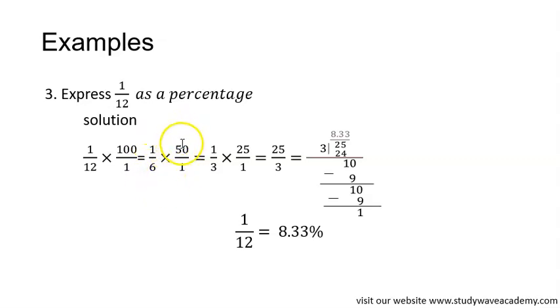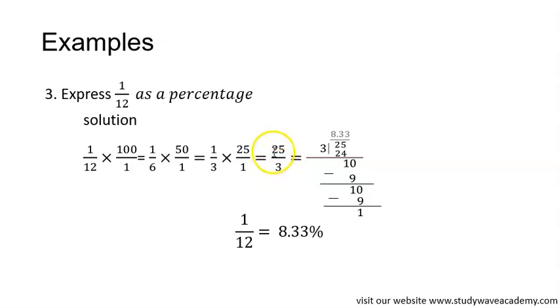Yes. We go again with 2. 2 in 6 is 3 and 2 in 50 is 25. So we have 1 over 3 times 25 over 1. 1 times 25 gives us 25 and 3 times 1 is 3. So we have 25 over 3.